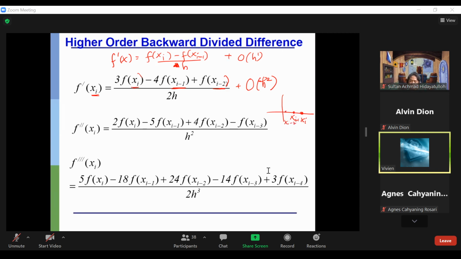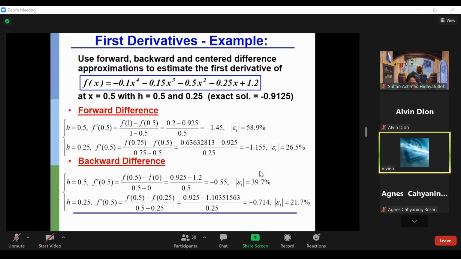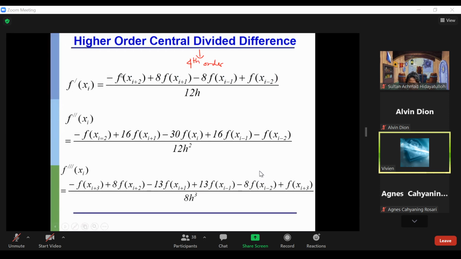When we increase the order of accuracy, the number of dependencies on other points also increases. This is the same for the central difference with fourth order: to calculate the gradient at x_i, it depends on x_{i+1}, x_{i-1}, x_{i+2}, and x_{i-2}. So to calculate one point, we have to include 4 surrounding points, 2 points on the right and 2 points on the left.